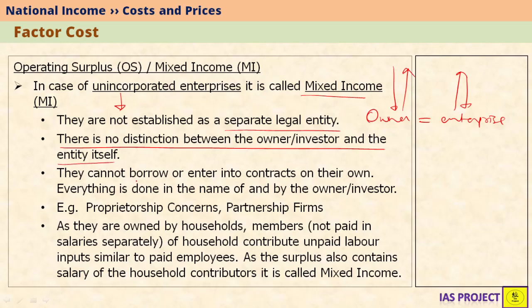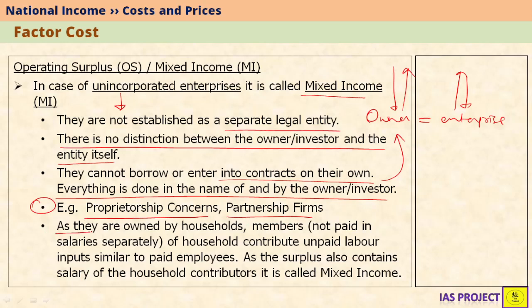Also, the enterprise itself cannot borrow or enter into any contracts on its own. The owner, in place of the enterprise, borrows and also enters into contracts with other entities. So everything is done in the name of the owner and by the owner or investor. Examples of unincorporated enterprises are proprietorship concerns as well as partnership firms.